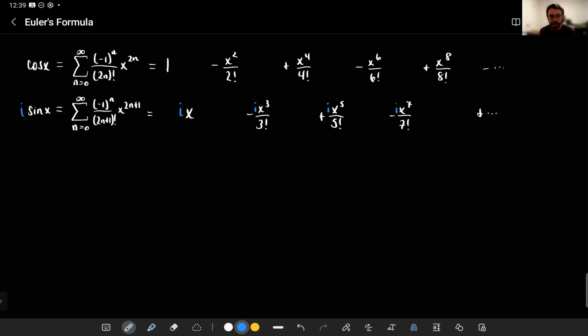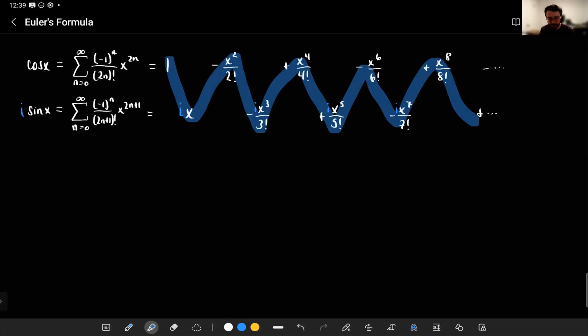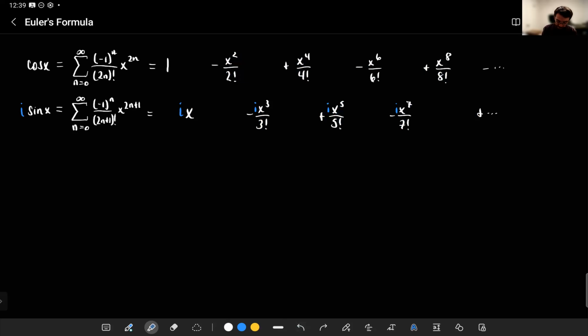And then I could try adding those two series. This was Euler's extremely weird insight: if I now add these series, something fantastic happens. I think Euler was one of the first mathematicians to really think about complex numbers as useful in the real world and worthy of investigation.